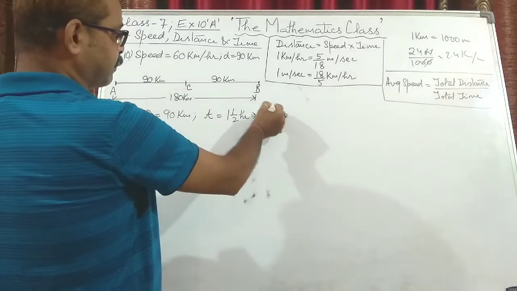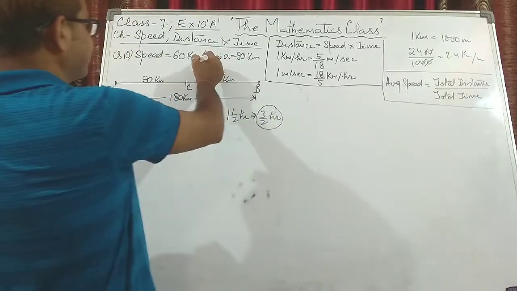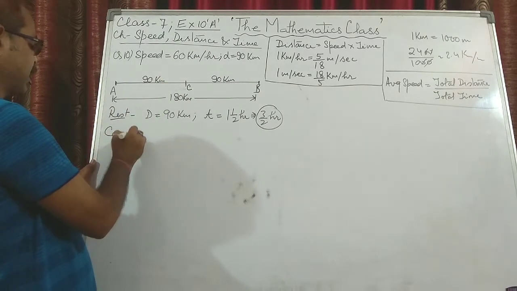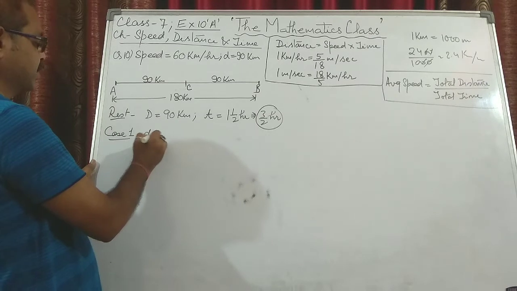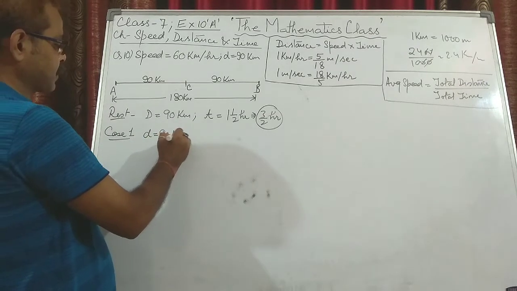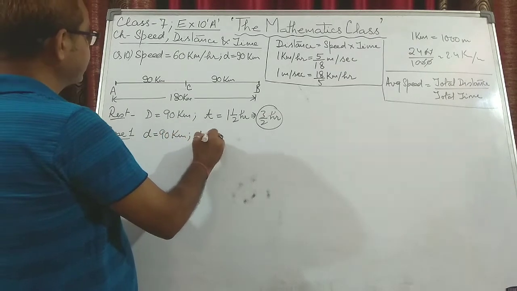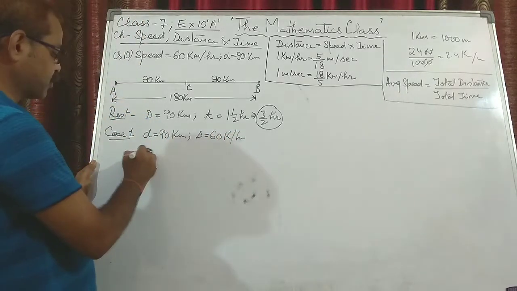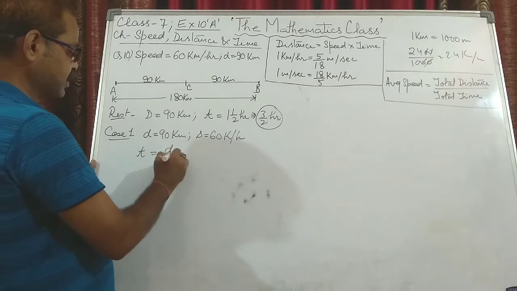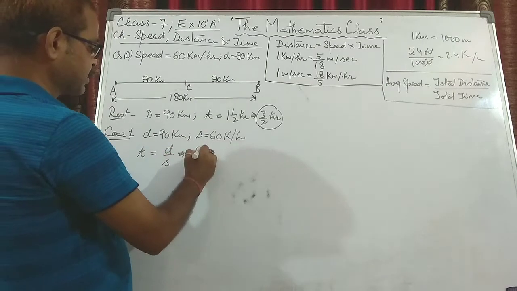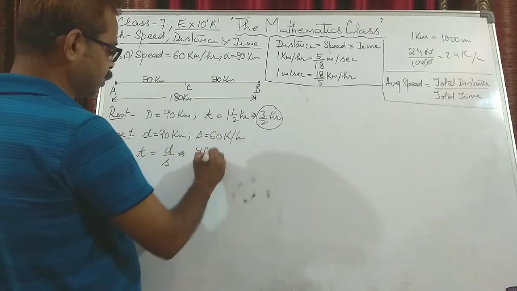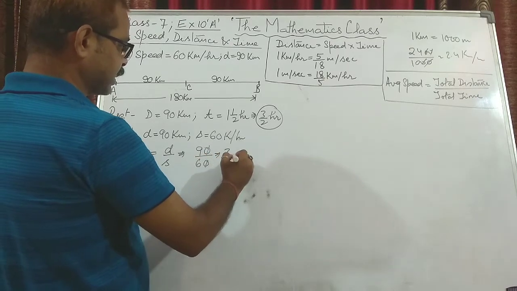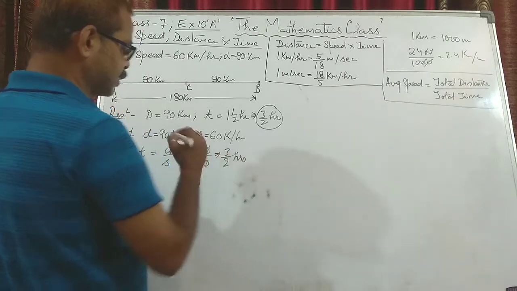Out of this total time, one time is given, but the time in the first case we don't know. So in case 1, what is given? Distance is 90 kilometers, speed is 60 kilometers per hour, and we have to find the time. Time is distance upon speed, so 90 upon 60. 3 3s are 9, 3 2s are 6, again 3 upon 2 hours.